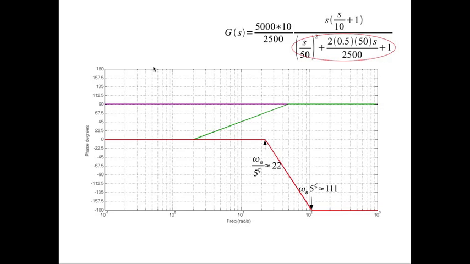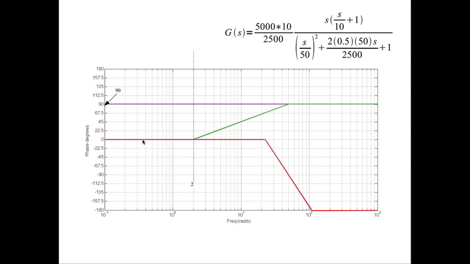Now for the total phase, all you need to do is look at various corner frequencies and add up the result. So you start right here at the beginning and add everything up. The phase contributed by the 0 at the origin is 90 degrees. Both of these, the red and green, corresponding to the 0 at minus 10 and the complex pole, are 0 degrees, so the total is 90.